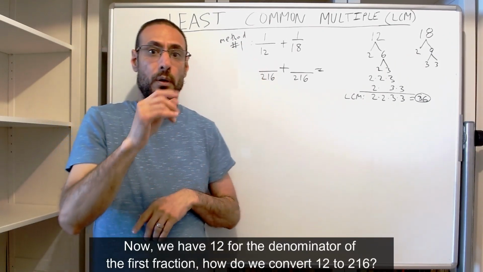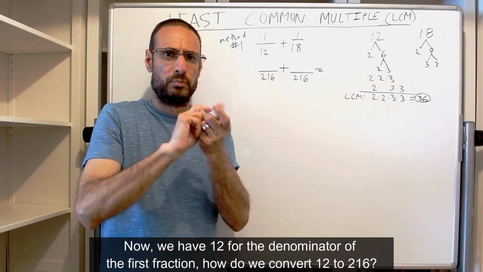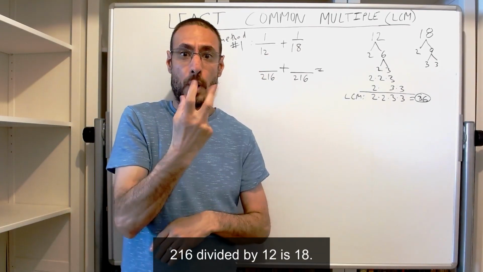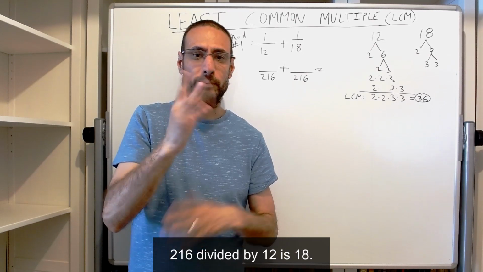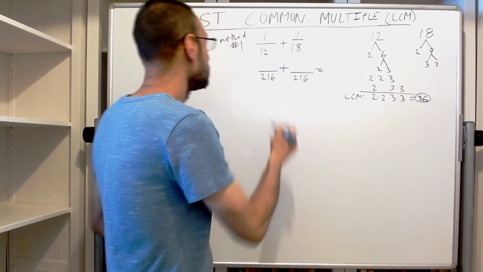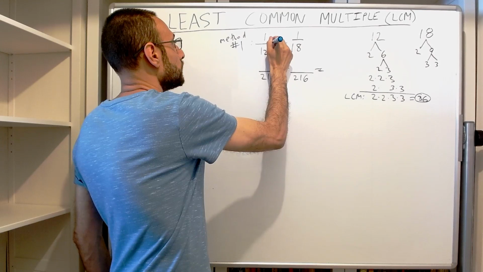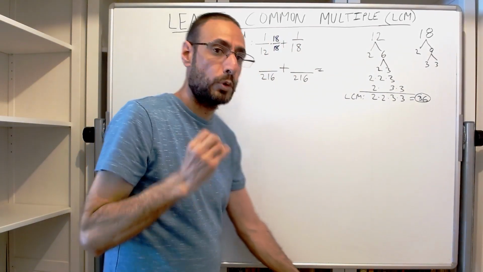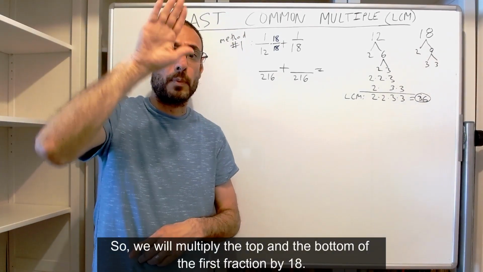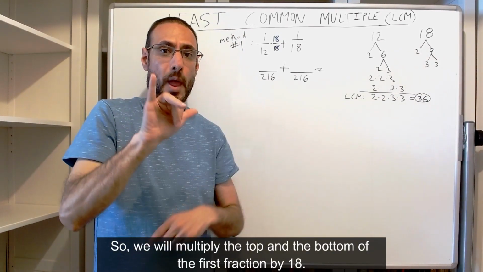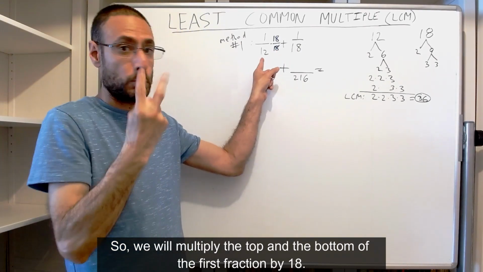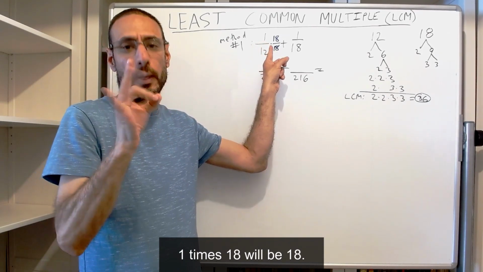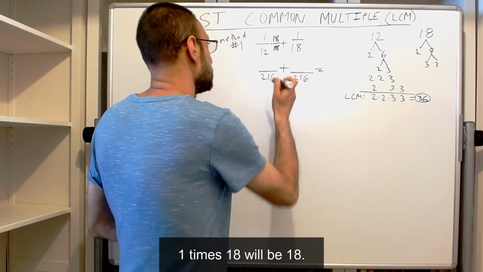Now, we have 12 for the denominator of the first fraction. How do we convert 12 to 216? 216 divided by 12 is 18. So, we will multiply the top and the bottom of the first fraction by 18. 12 times 18 is 216, which matches the denominator that we want. 1 times 18 will be 18.